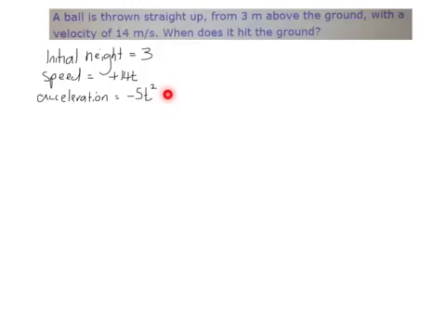So we can form an equation from this information, and that equation is that the height of this ball will be equal to minus 5t squared plus 14t plus 3.